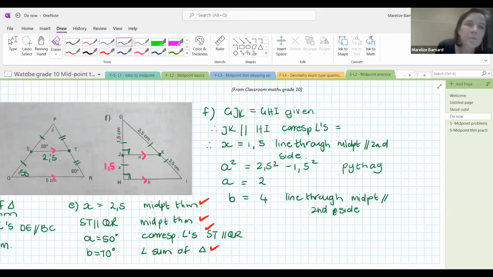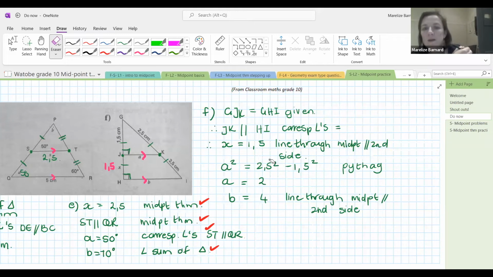Ma'am, so my solution is a bit different, like after the first 3 steps that you did. So what I did was, since x is equal to 1.5, I added both 1.5s and the 2.5s. Then I did Pythagoras for the big triangle and got b.